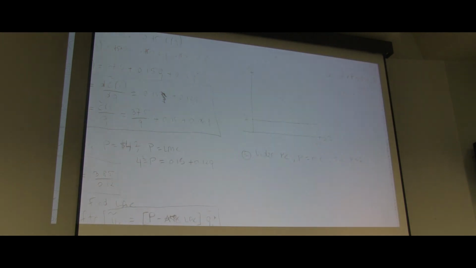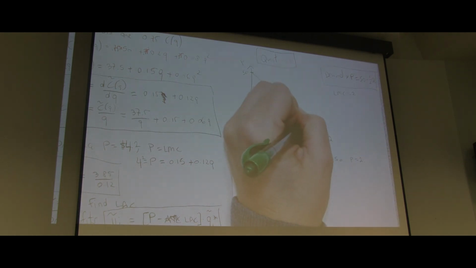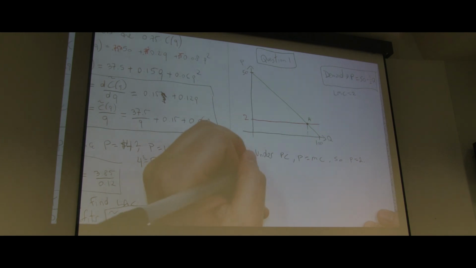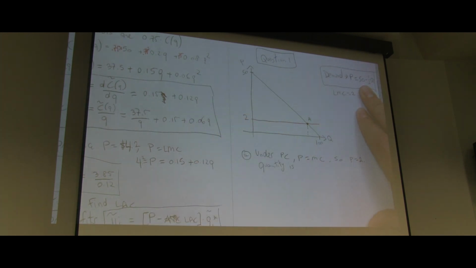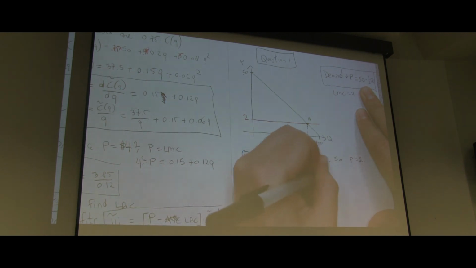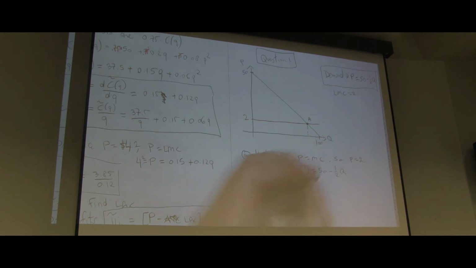The monopolist is the only firm that can satisfy the demand, and so it will produce to meet that demand, which is this point here, point A. Plug into the demand: 2 equals 50 minus 1/2 Q. So that is 48 equals 1/2 Q. So Q is equal to 96.